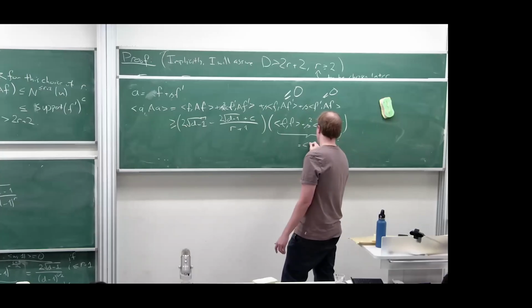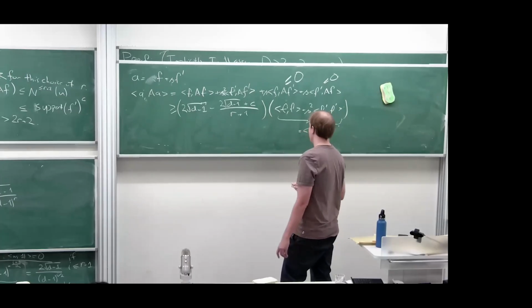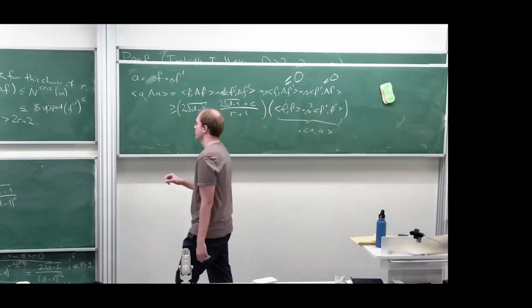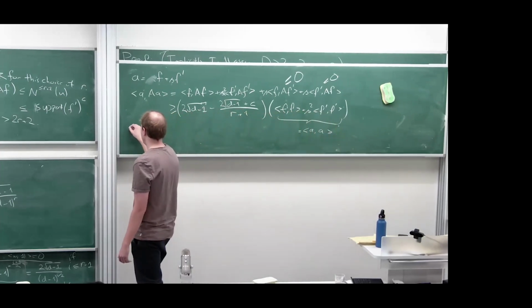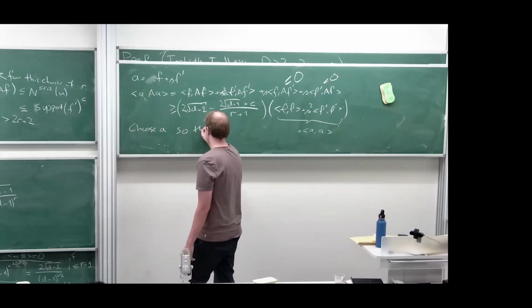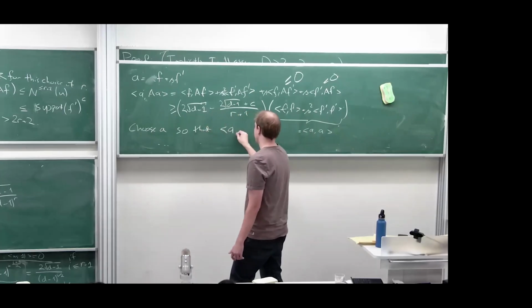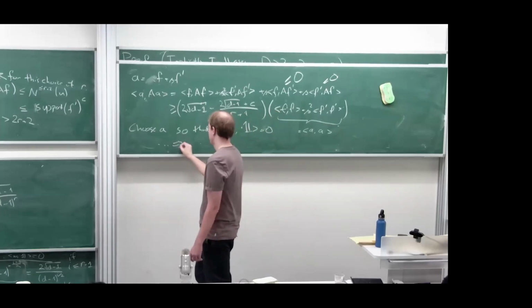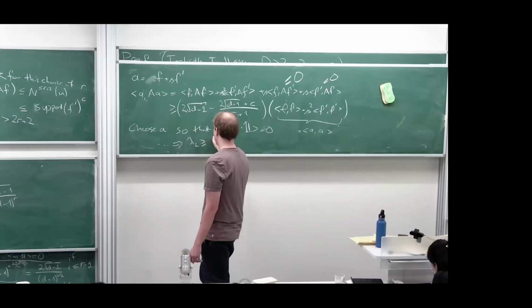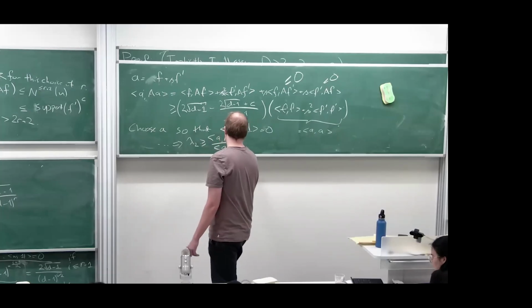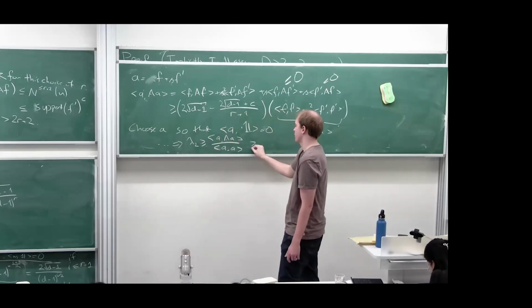But this is just the L2 norm of a squared, because f and f prime are supported by different sets. So now we just choose a so that a is orthogonal to the Alon vector, to conclude that lambda 2 is at least as large as we wanted.